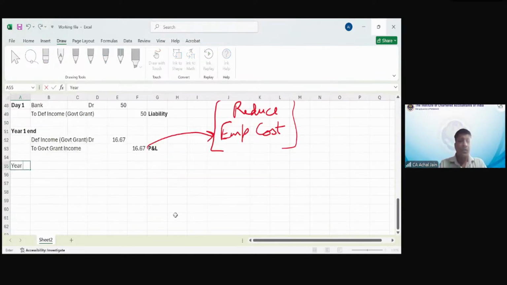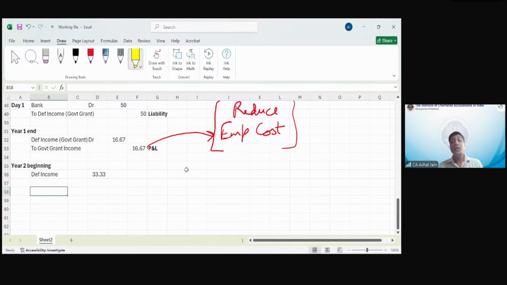Okay, at the beginning of year 2. So year 2 beginning, if you look at, what's the balance of deferred income? Can you tell me in this case, what is the balance of deferred income? Quickly. Charandeep says 33, right? So in this case, balance of deferred income is 33. Now, when the government grant will be refunded, what is going to be the accounting entry? To bank, right? 50 lakhs.